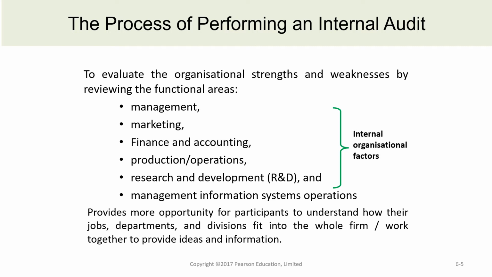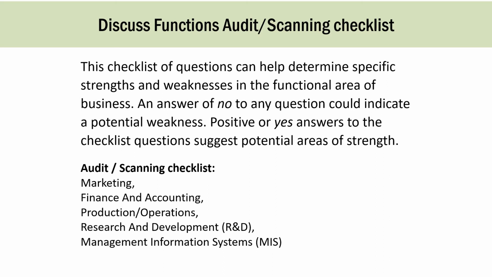Appropriate measures need to be taken to improve the performance of the organizations. We need to do the internal audit or assessment to know the strengths and weaknesses of a firm.